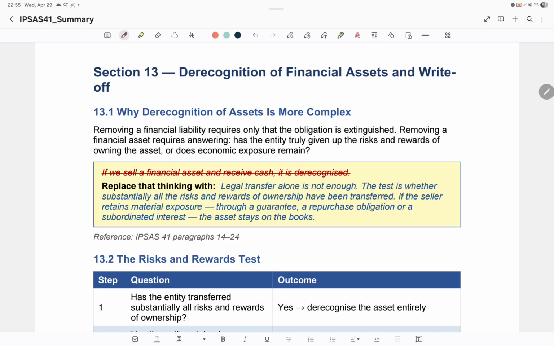If we sell a financial asset and receive cash, it is derecognized. No, that's wrong. Legal transfer alone is not enough. The test is whether substantially all the risks and rewards of ownership have been transferred. If the seller retains material exposure through a guarantee, a repurchase obligation, or a subordinated interest, the asset stays on the books.